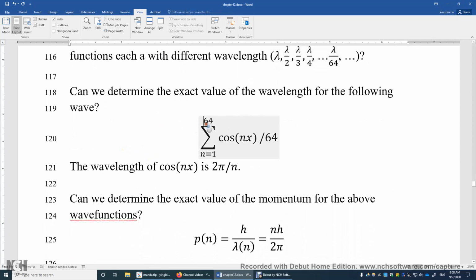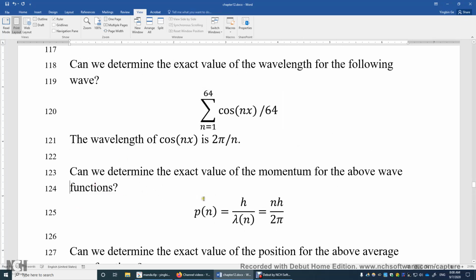So again, this combination is called a linear combination of 64 waves. It's impossible to determine the exact value of the wavelength of this combination. And it's impossible to determine the exact value of the momentum. Again, this is because of the de Broglie relation, momentum is h over lambda.